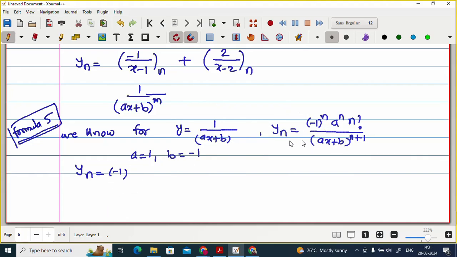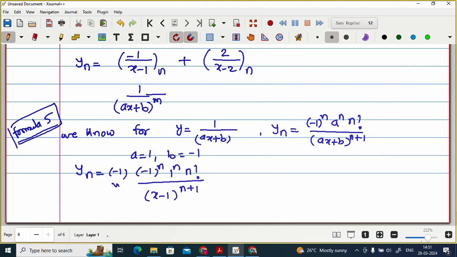So apply this formula with this a, b. So it will be minus 1. This minus 1 is for this, or the formula's minus 1 raised to n, that we will put here. Means it is minus 1 raised to n, a raised to n, that is 1 raised to n, n factorial, divided by x plus b, that is x minus 1 raised to n plus 1.